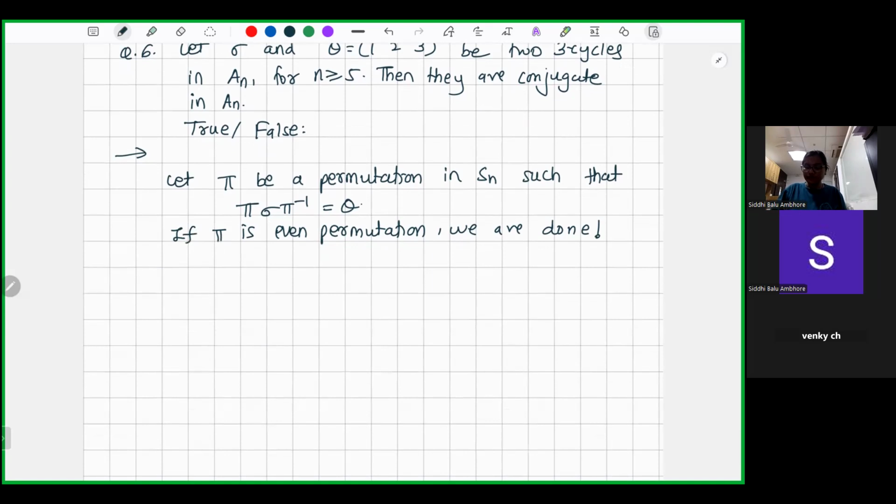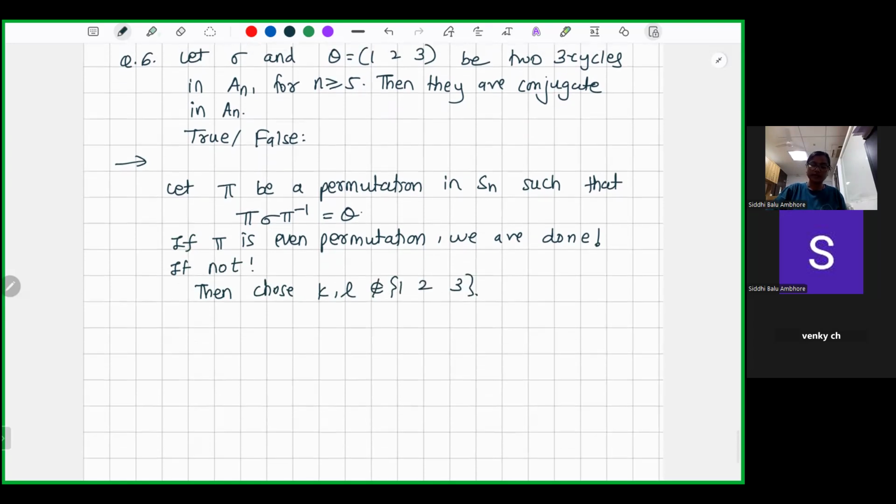But otherwise, if not, then choose k and l which are not in 1, 2, 3, like we did earlier.